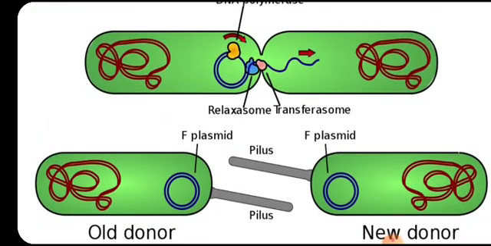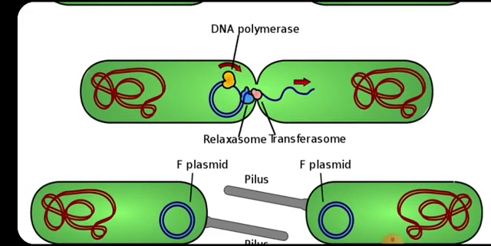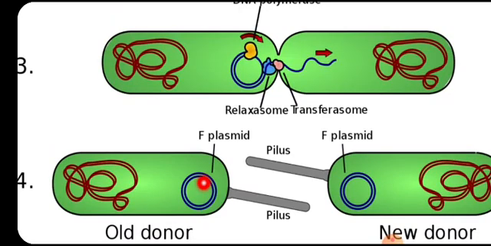And the final result is like this. This donor bacterial cell, due to the replication, due to the synthesis of DNA through DNA polymerase, retains the double-stranded DNA structure, and one copy is transferred to this recipient cell. Now this recipient cell has F plasmid.